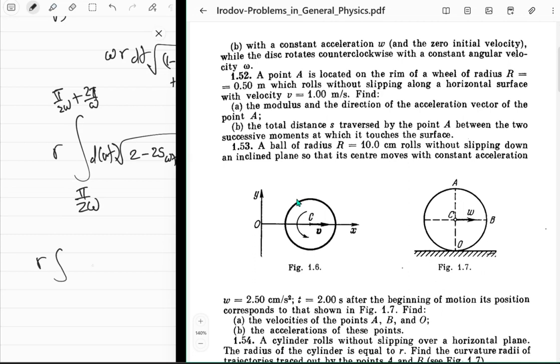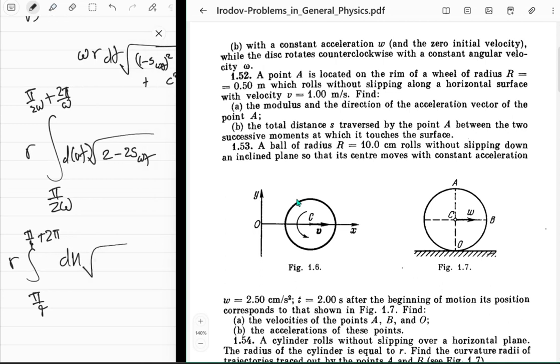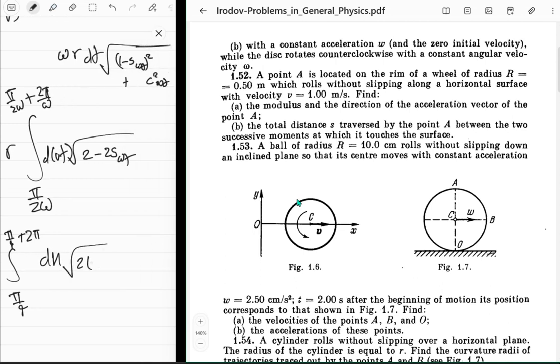So it will be r times the integration from pi upon 4 to pi upon 4 plus 2 pi of du square root of 2 into 1 minus sine u, which is basically just 1 minus cosine of (pi by 2 minus u). So that will be 2 sine squared of (pi by 4 minus u), I think.